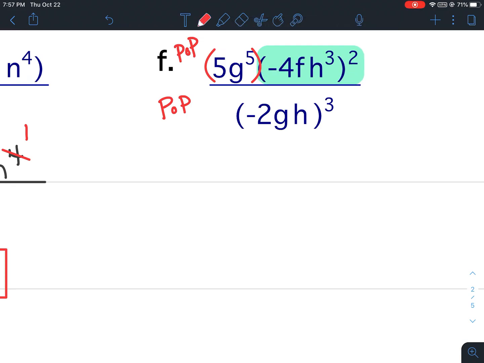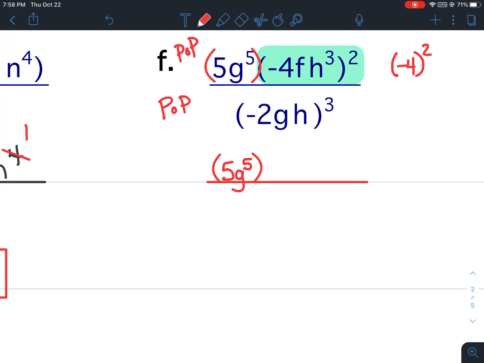I want to write negative 4 squared. I took this coefficient and I raised it to that exponent. Again, I'm not doing anything with that 5g to the fifth, so I'm just going to write that down. In parentheses, I've got 5g to the fifth.